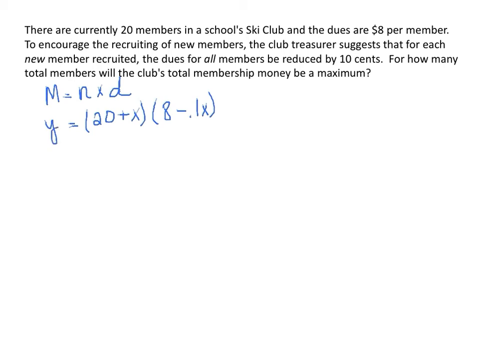Well, we're looking for a maximum. That tells me vertex. So because I'm looking for a vertex, I want to move this into vertex form. So the first thing I'll do is FOIL this out, and I get 160 plus 6x minus 0.1x squared.